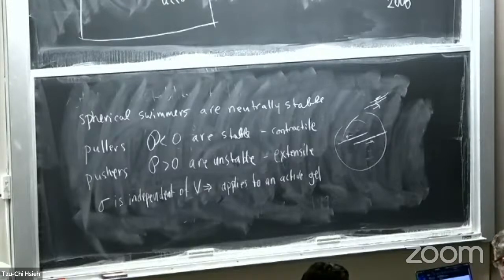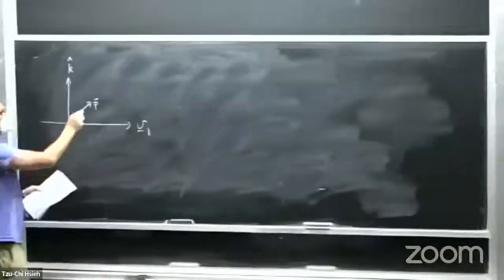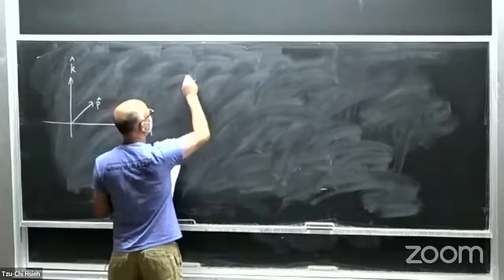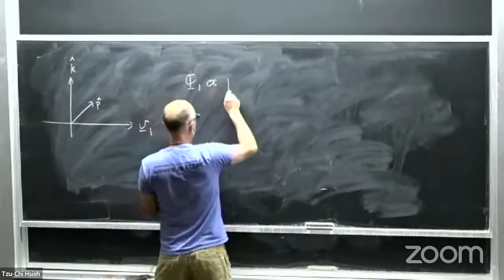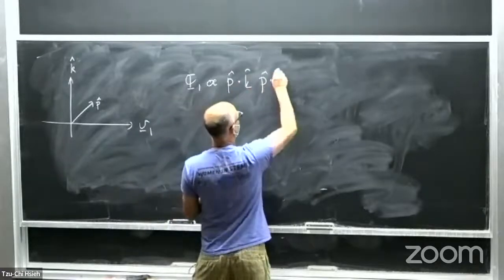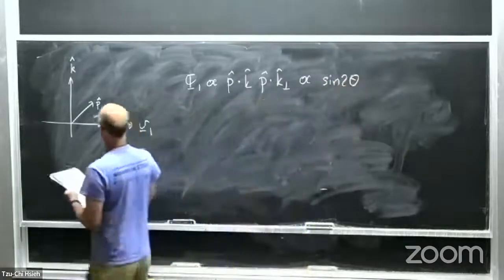So here's P, and we can take the z-axis of P to align with K, and we can just take V1, maybe along the X direction of P. So this fact that psi1, this distribution function, is proportional to P dot K perp, means it goes like sine of 2 theta.